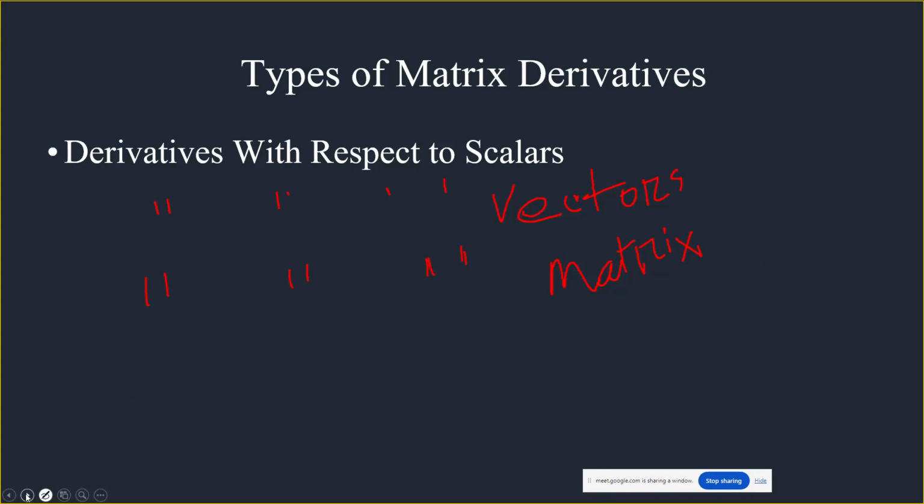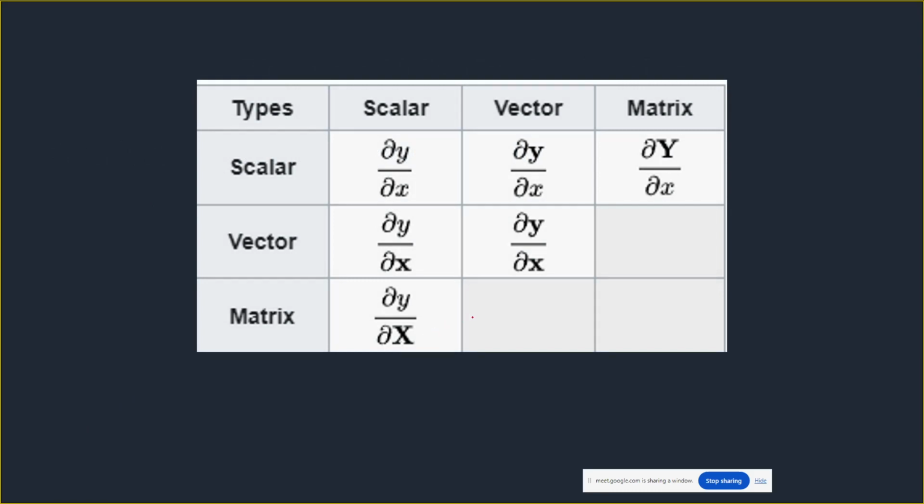Now if we look at our next slide, we are discussing the scalar. You can differentiate a scalar with respect to another scalar, a vector, and a matrix. Today we will be doing this one, and next time we will do the vector one.